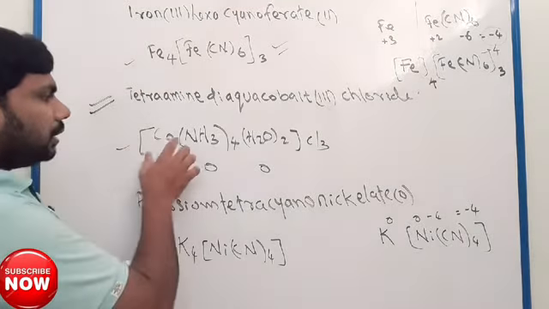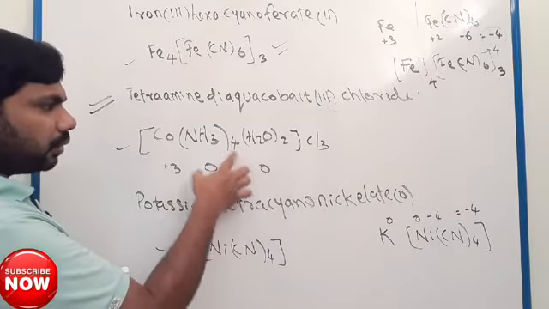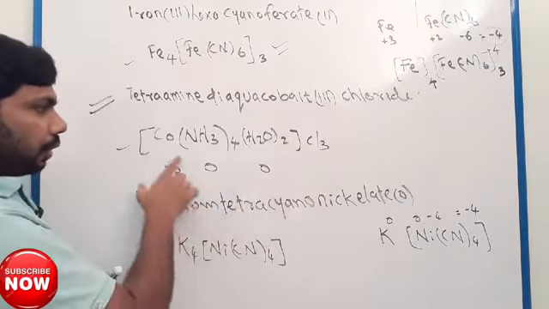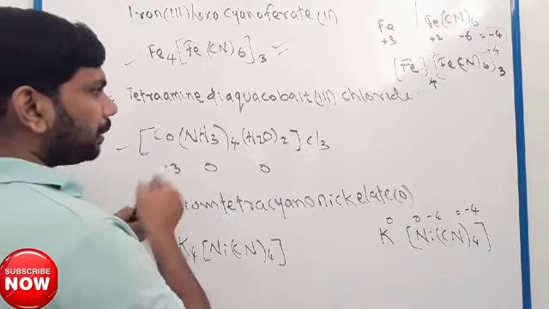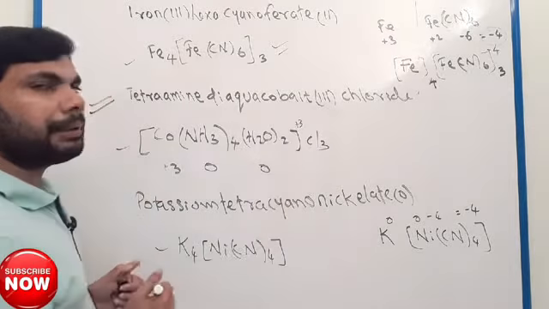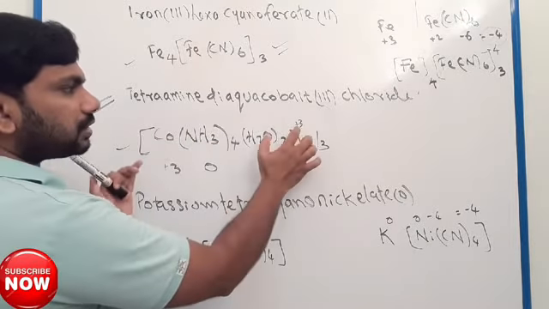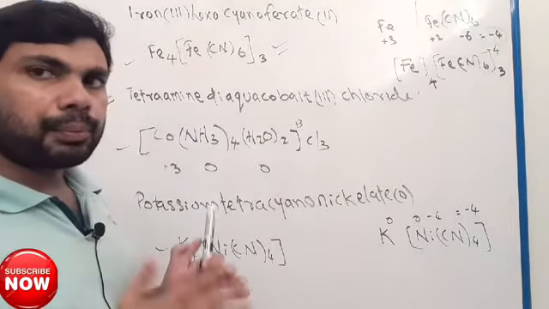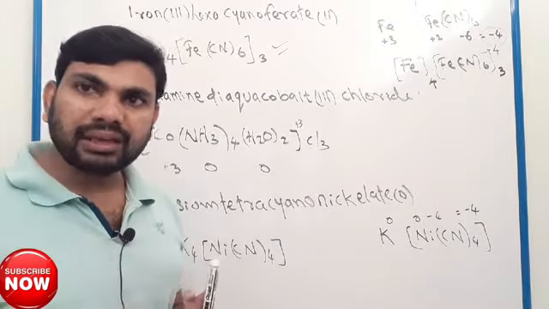So here cobalt, NH3, H2O. We know H2O has charge 0, NH3 has charge 0. Here in the name it is given cobalt(III). Cobalt 3 means the oxidation state of cobalt is +3. So here the overall charge of this coordination entity will be +3. Cobalt is +3, 0, 0. So the overall charge will be +3. So the positive part is +3. We know the positive part and negative part have equal magnitude of charge and they cancel each other.